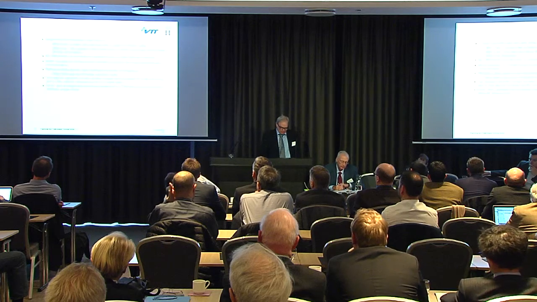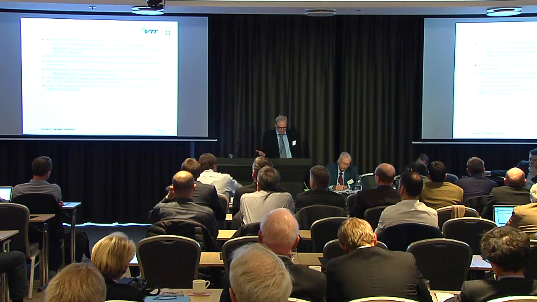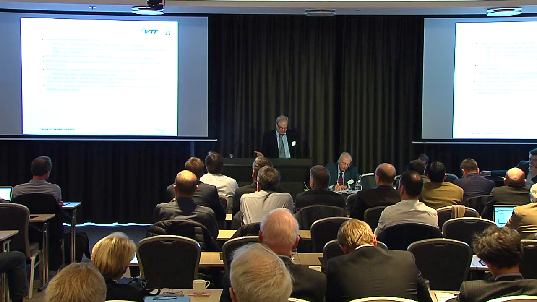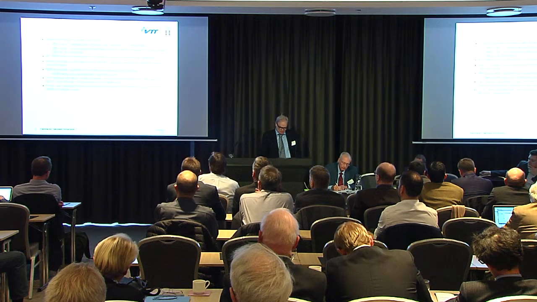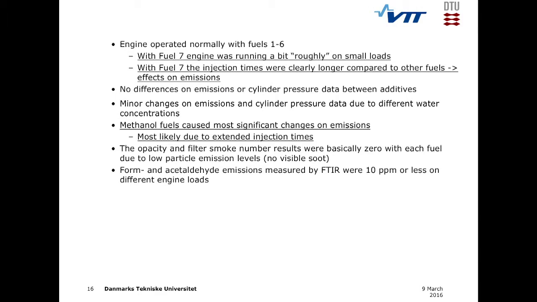So the conclusions from this investigation of methanol, ethanol, and additives combination in the Scania engine was that the fuel 7, which was the methanol and additive fuel, was running a bit roughly on low load.